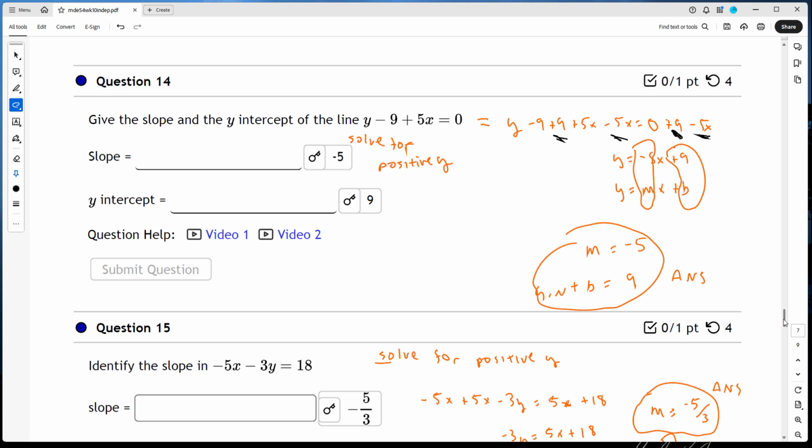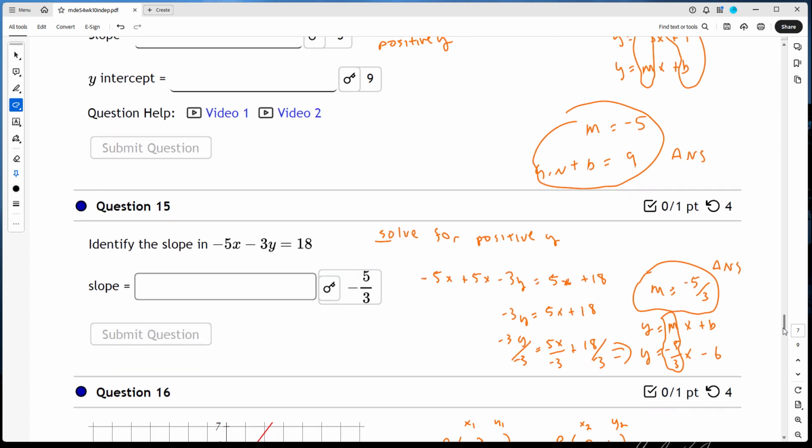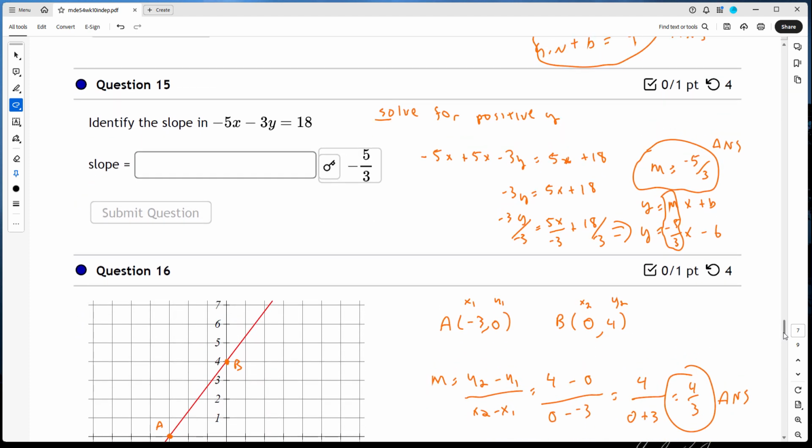Number 15. Identify the slope. So I solve it for a positive y. Okay, so I subtract 5x on both sides, I have a minus 5x, so I add 5x to both sides, here and here. Then once I get to that point, I divide everything through by 3 to get y by itself.